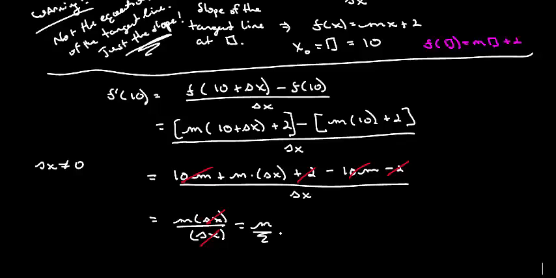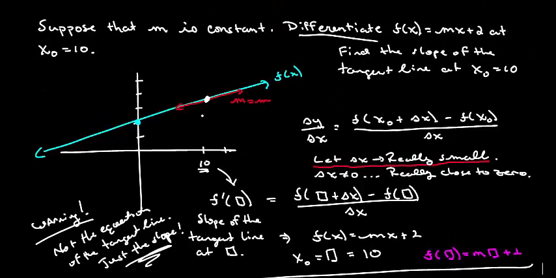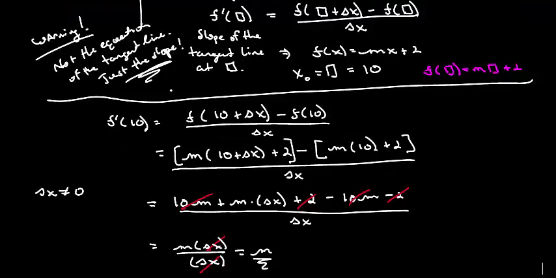So what it says is that the slope of this red line is equal to m, which is exactly what we thought it would be equal to at the beginning. So that's what they're going through there. I think what's important for you to remember is, one, the derivative is a representation of the slope of the tangent line, not the entire tangent line.